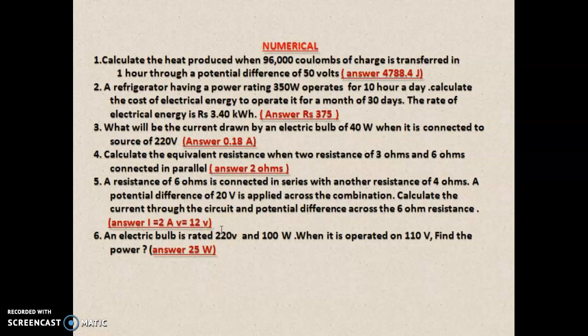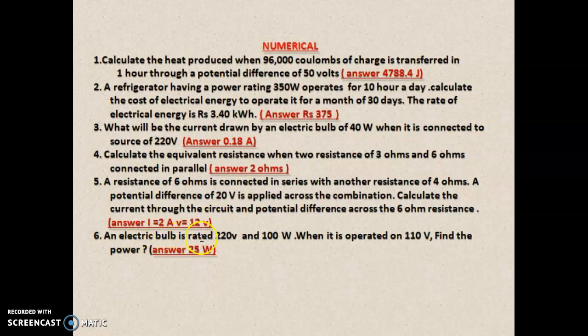So first you have to find out the resistance R, using the formula R is equal to R1 plus R2. Using the resistance you can find out the current and potential difference.